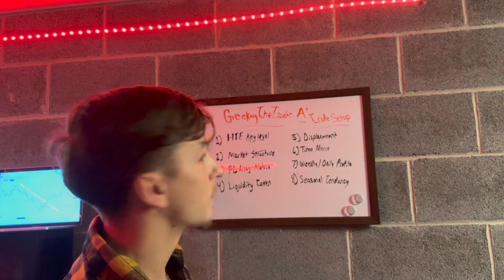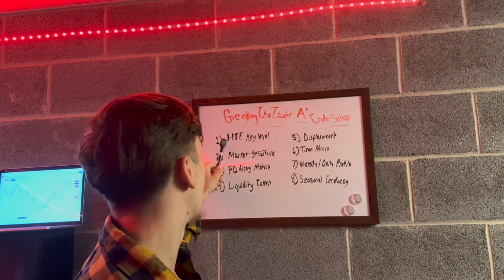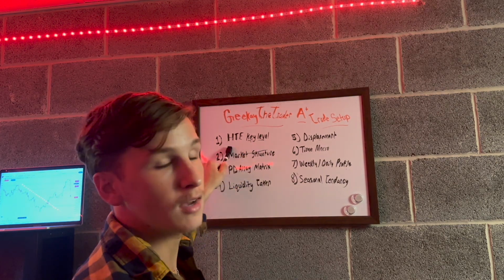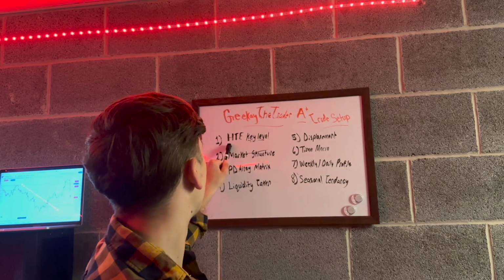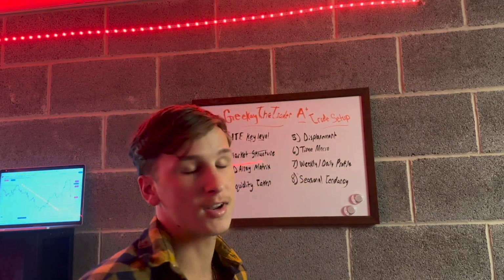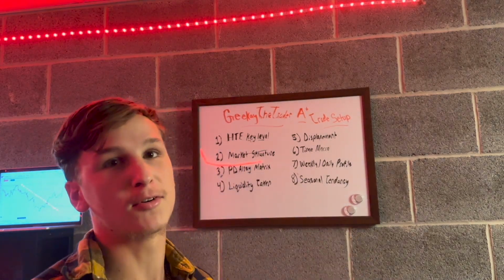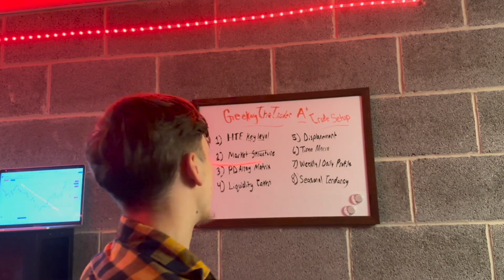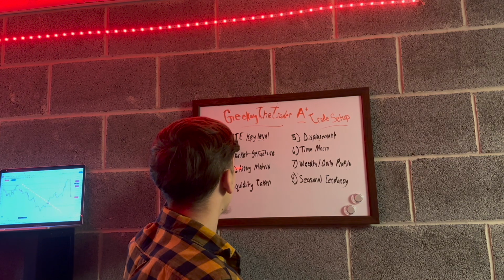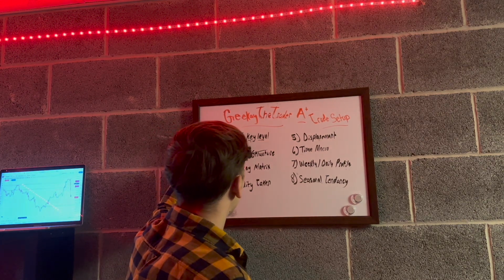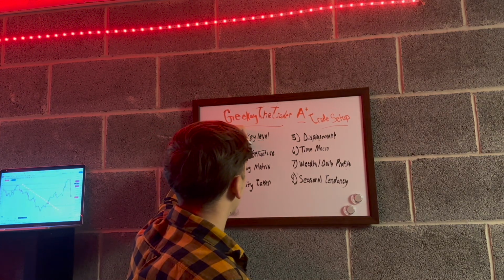Number one, most important, number one for a reason: higher time frame key level. Every high probability trade needs some type of higher time frame key level to be keying off of to take an intraday trade. I'll be starting on the weekly time frame, and that'll be the weekly candle projection, which comes first before anything.